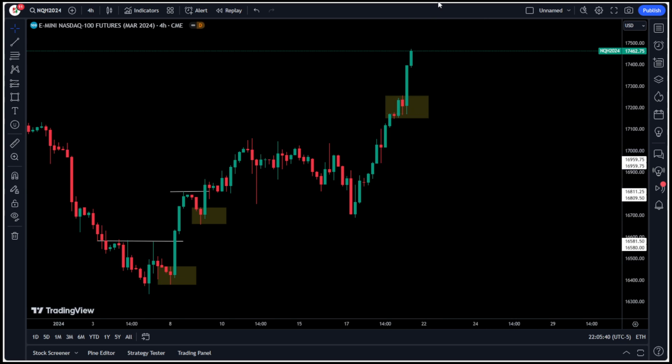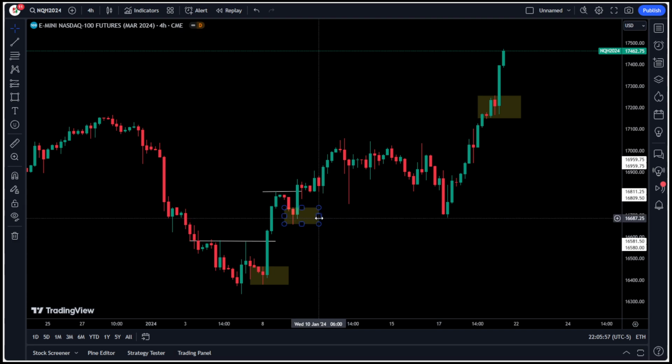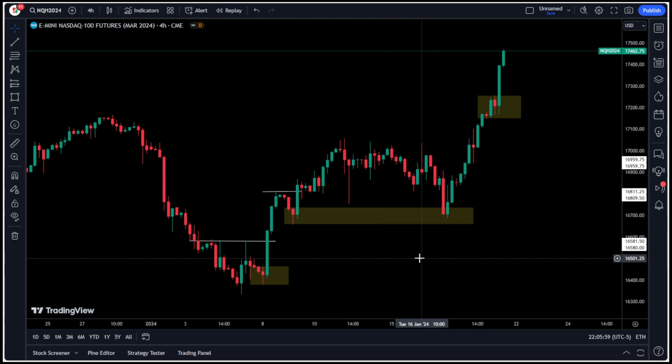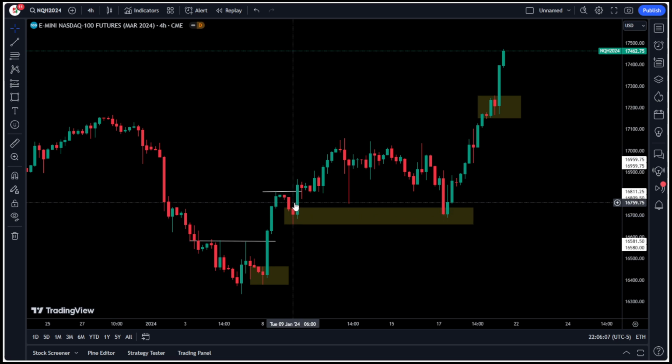An impulse move should be observed. Yeah, we can see an impulse move to the upside, and it shouldn't be mitigated. This block is not yet mitigated. Similarly, you can spot this too. See this block. Right?